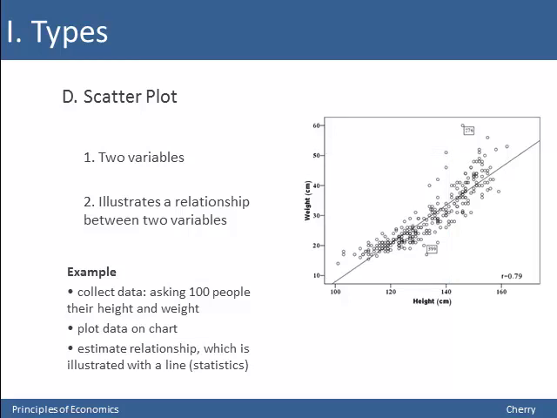And what that line represents is, using statistics, you can estimate the relationship between height and weight. This gives you a precise statistical estimation of how weight and height are related to one another. So that's what the scatter plot is able to illustrate: two variables, and more specifically the relationship between those two variables.